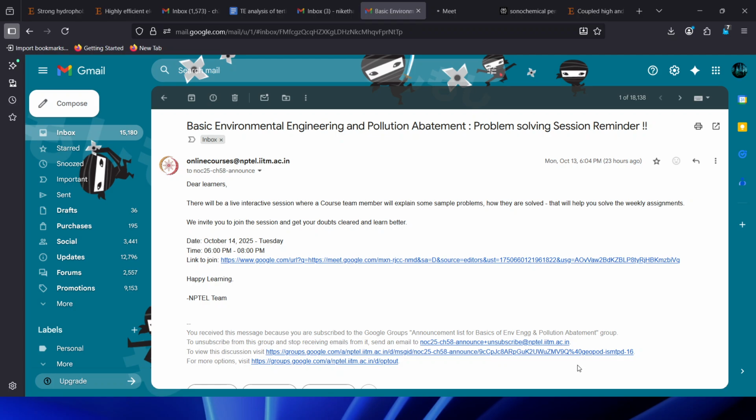So if the air quality index is 250, then what category will it be? Options are good, very poor, or satisfactory.